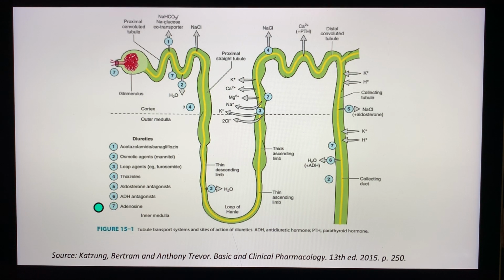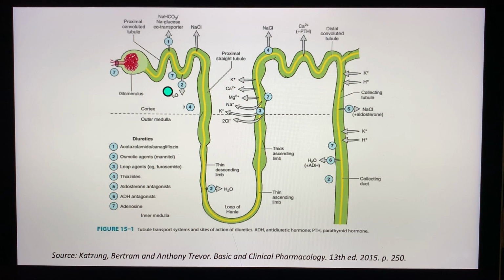Now, if we zoom in here, acetazolamide and your canagliflozin will act on the proximal convoluted tubules. So if you notice number 1, that's also number 1. So acetazolamide and your canagliflozin. Then we have the osmotic diuretics, which also act here in the convoluted tubules.